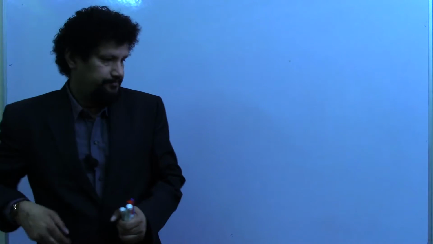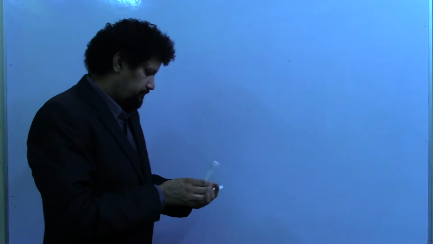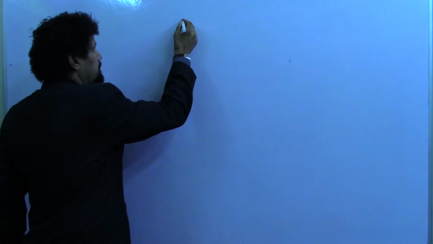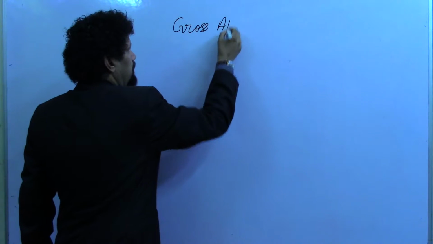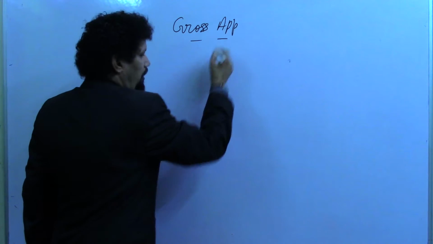In this lecture, first of all, I will talk about the gross appearance of the skeletal muscle. When I say muscle, it means a skeletal muscle. So, gross appearance of a muscle.